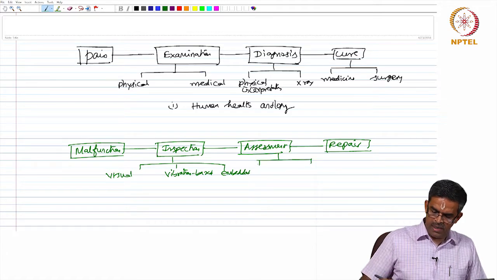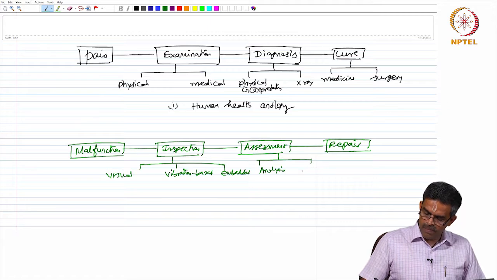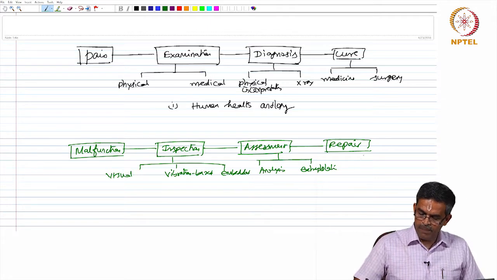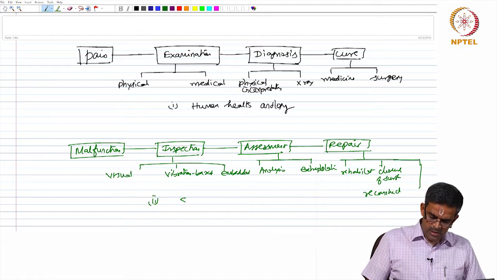Assessments further can be analysis of the data, then extrapolation of the data. Repair can be rehabilitation, closure of service or reconstruction. So, this gives me the structural health analogy.